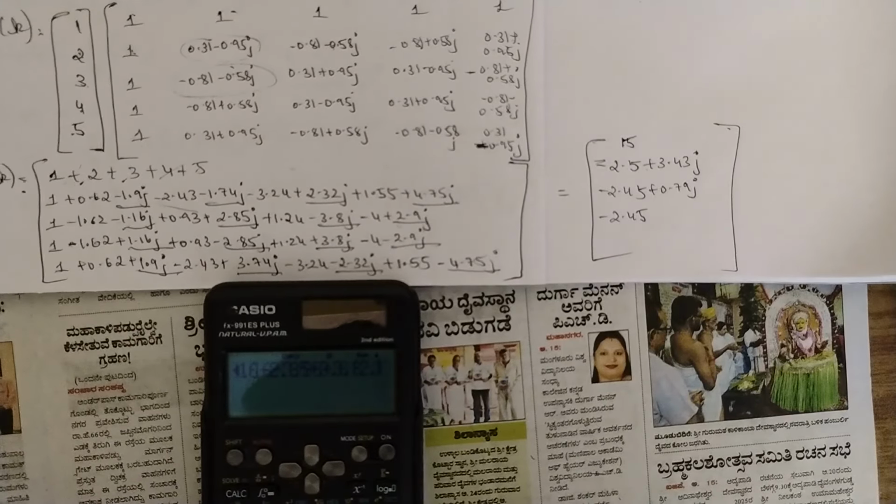Then we have imaginary terms 1.9 plus 3.74 minus 2.32 minus 4.75, that is minus 1.43j. So this is your final answer.